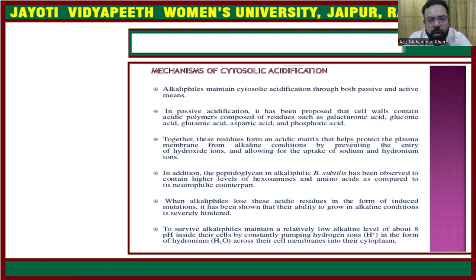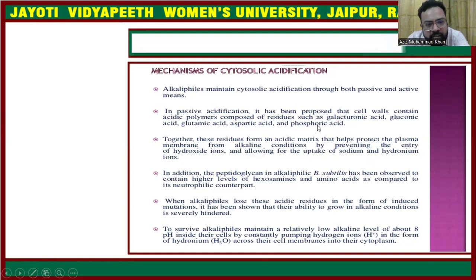In passive acidification, the cell wall contains some acidic polymers which are composed of residues such as galacturonic acid, gluconic acid, aspartic acid and phosphoric acid. So these acidic conditions are maintained inside the cells.